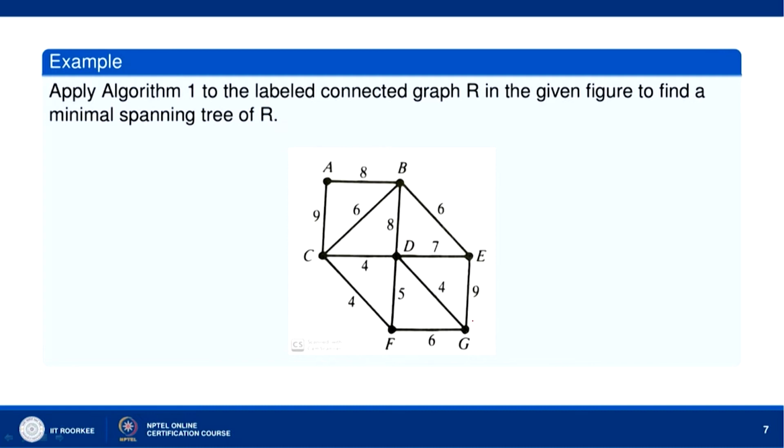So, EG will come, and after that EG we will have BD, because BD has 8 length. Okay. So, AC also has 9. So, AC, then EG, then BD, and after that ED, okay, because it has 7 length, and then after ED we have BC which has 6, and then BE which has 6, then DF which has 5 and so on.